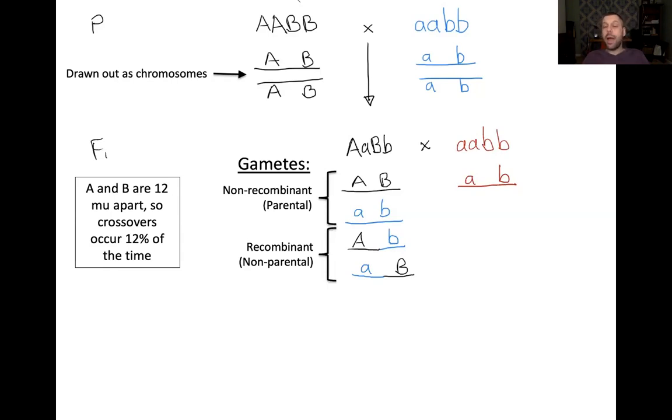Now, think about what that means in terms of these gametes. 12% of the time you're going to get a recombination event because they're 12 map units apart.